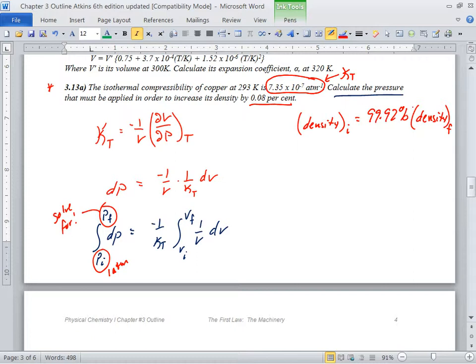Yeah. That the initial density is going to be a little bit less than the final density. Because I'm compressing it, right, by 0.08%. Why I'm doing this is the only way I could conceptually figure out how to get these limits. Maybe someone will come up with a better way, but we'll just run through this one first.